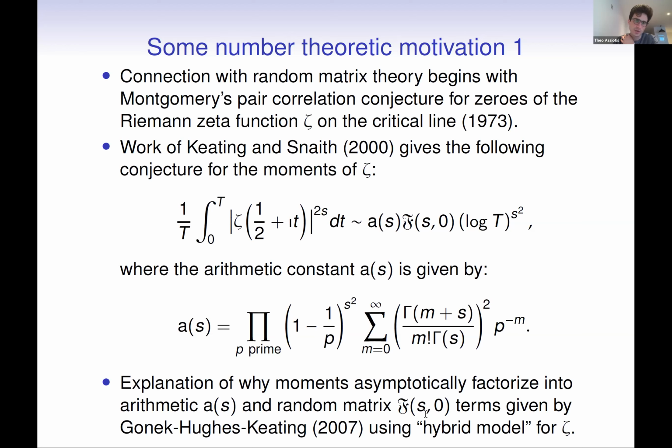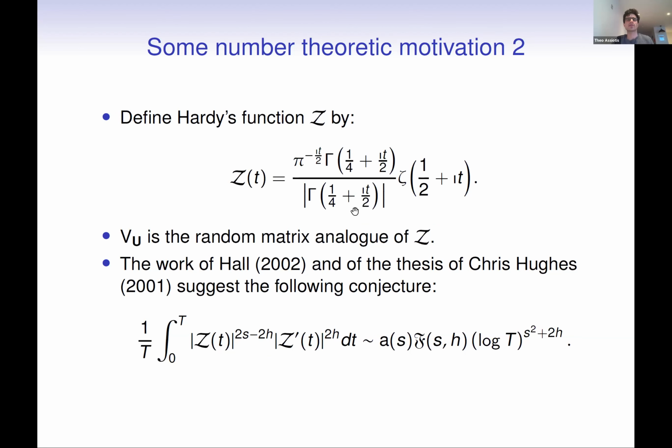Okay, so what about the joint moments? How do the joint moments appear in number theory? We can define Hardy's function, which is given as follows. Essentially it's the zeta function on the critical line, multiplied by this gamma function factor. And this is in some sense the random matrix analog of this V, the characteristic polynomial shifted by the phase.